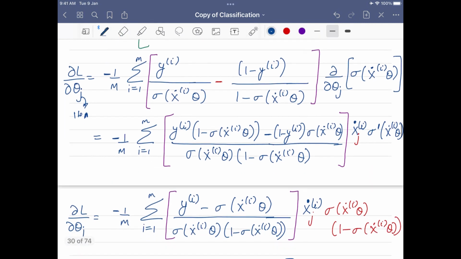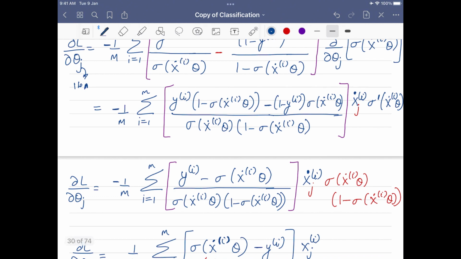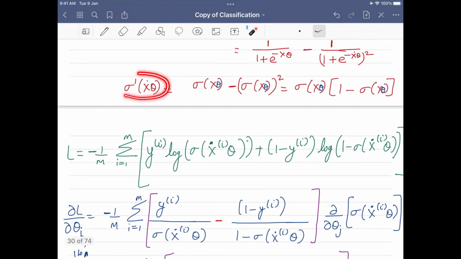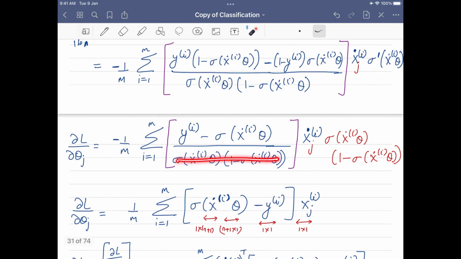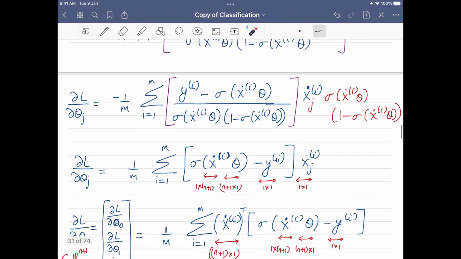Once it is there, you can substitute this value over here with the value which is given over here, which we have already derived. Once you substitute it, you observe that the denominator cancels out with the numerator, and the only thing left is this expression over here.